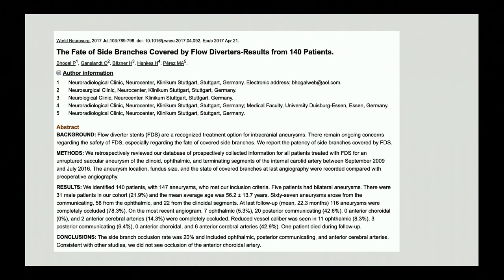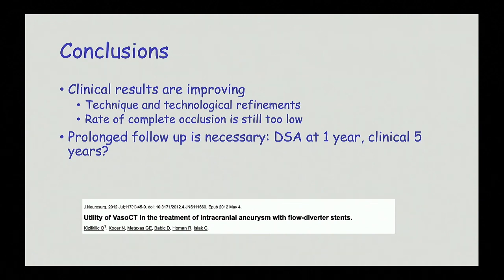So in conclusion, I think that we are improving the results of flow diversion, going from more than 10% to less than 5%, maybe 3-4% of complications, still too much, and we have to improve our technique again. But now I would say that the real problem is to increase the rate of correct occlusion.